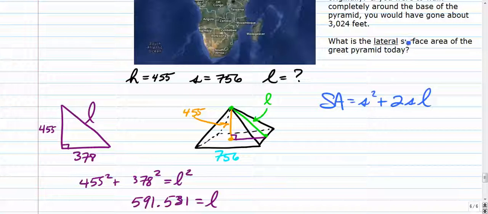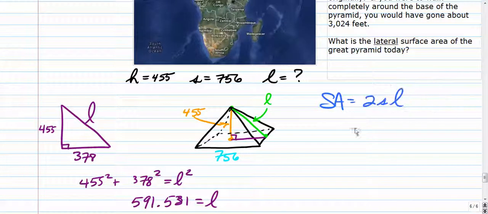It's only asking for lateral surface area. So if I were to calculate this whole thing, I'd actually get the problem wrong. Lateral surface area, again, is just talking about the sides of our pyramid. We don't need to calculate the base. So when you look at your formula, get rid of the base and just calculate the lateral surface area. 2SL is all I need. That's the only thing I'm looking to calculate here.